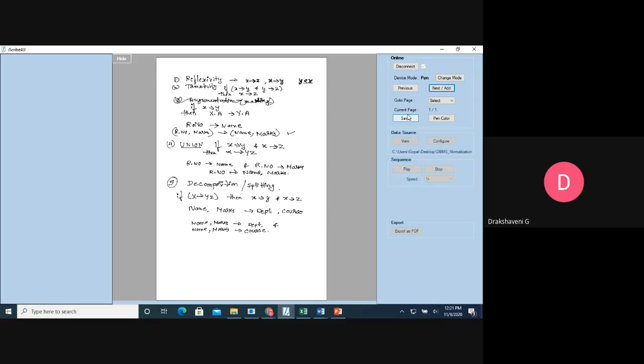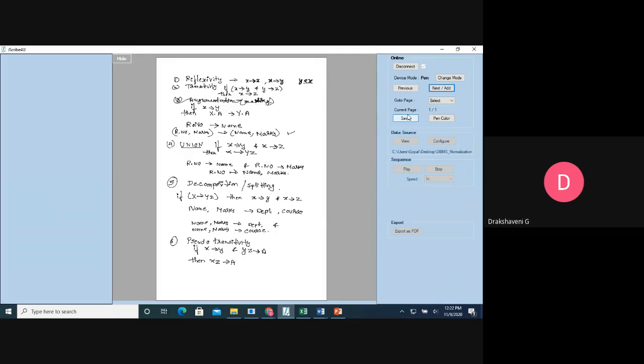Next one, sixth one, pseudo transitivity. So what do we mean by pseudo transitivity? If x tends to y and yz tends to a, then xz tends to a.